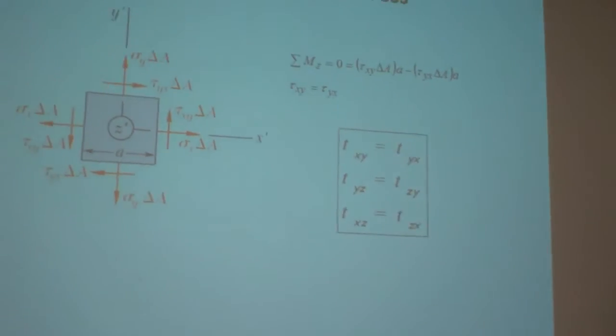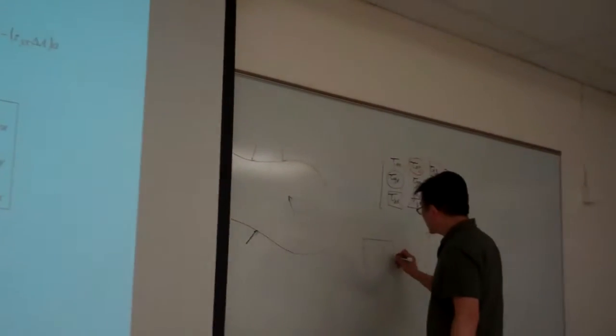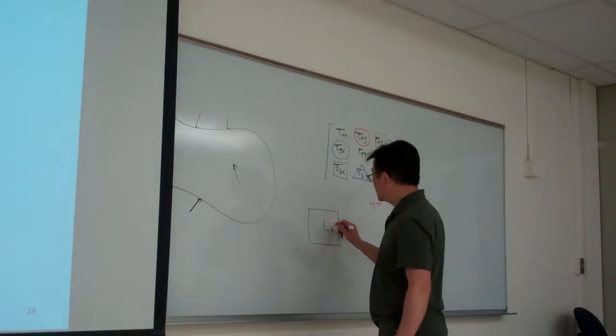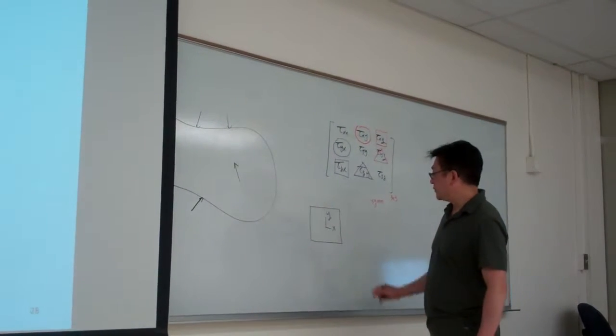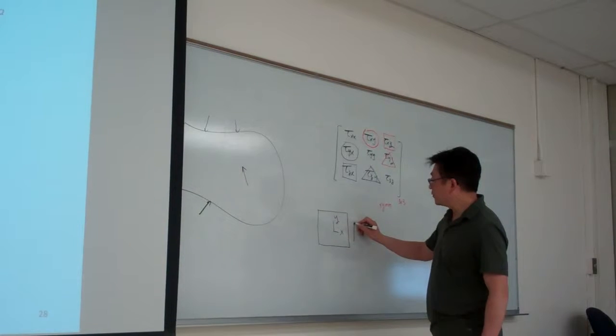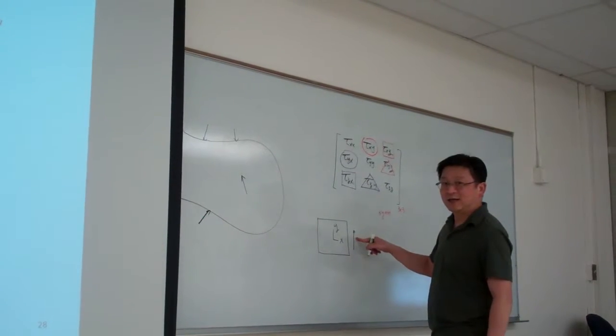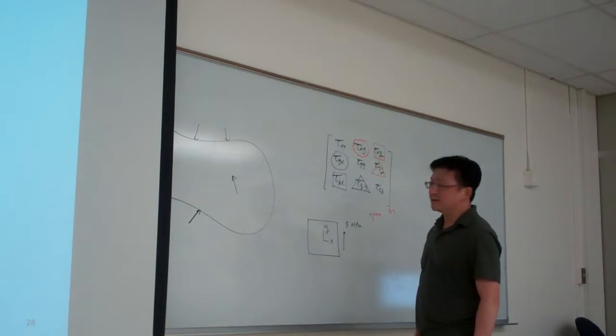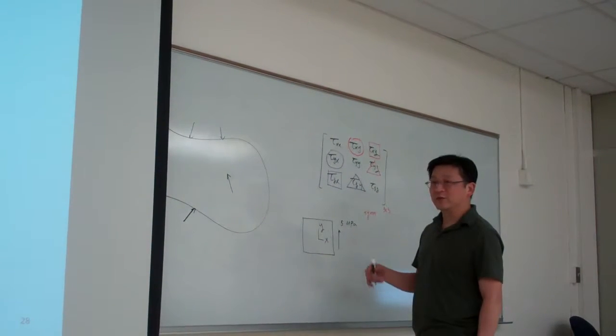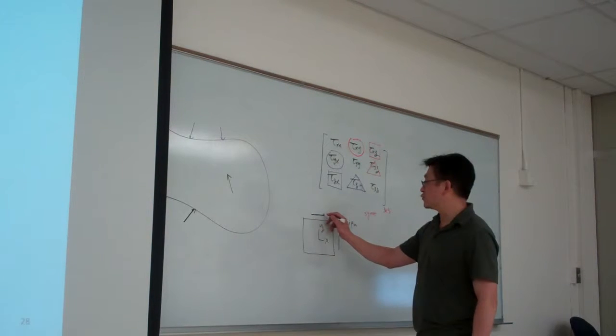For example, say we have a stress element like this, with x and y. This is an x plane, and this is a y plane. Say you are able to calculate the shear stress on this plane and it equals 5 MPa. Then for the remaining work you don't have to repeat your work; right away you can just write it out.